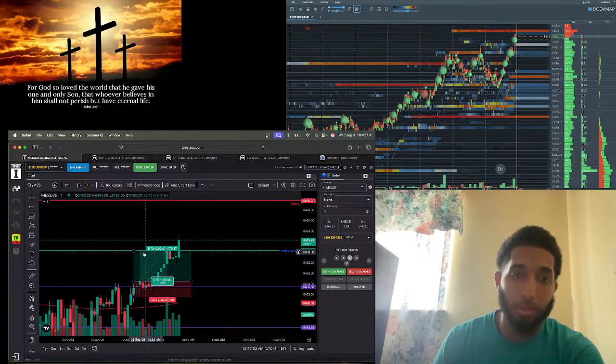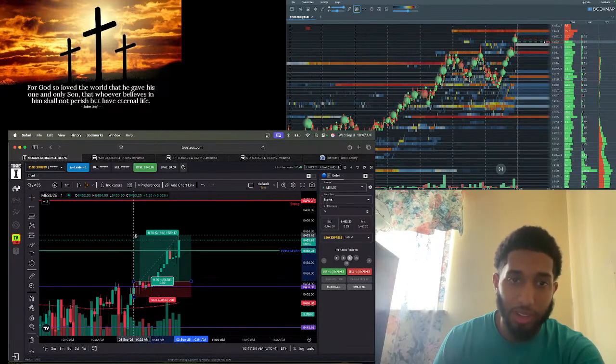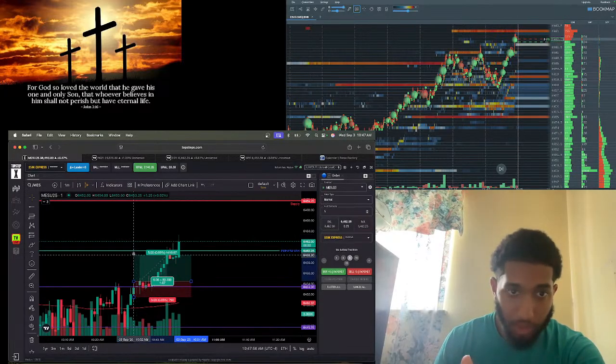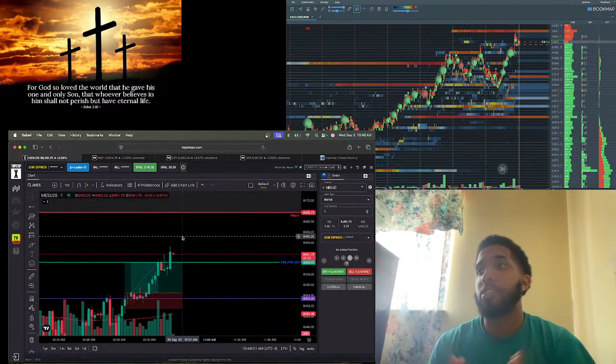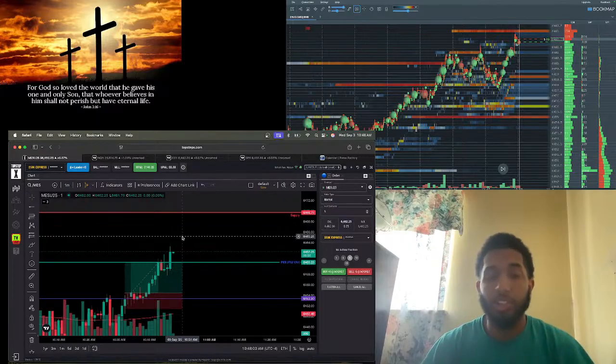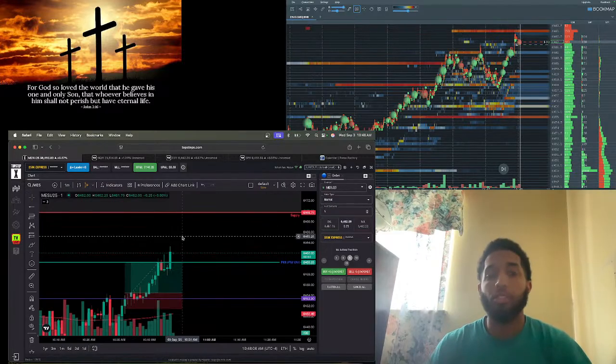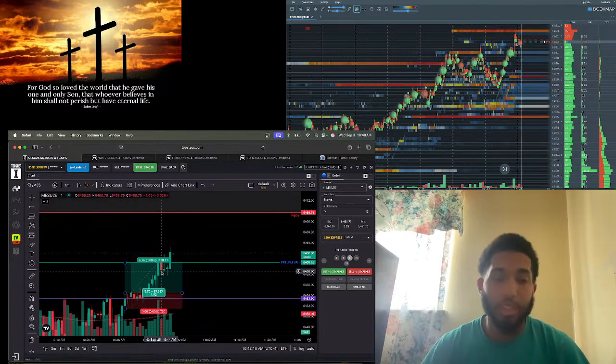I didn't want to have my target above it. In theory I could have, because we ended up going higher, but this was my target, and I'm still short biased above here. We still might burst through, so I just targeted that for a nice little base hit, and to build my confidence.